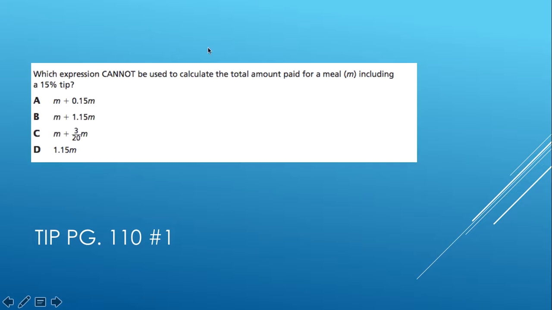So it's the total meal, okay, because normally when you're writing, you would have a 1 here. So if we added those together up here at the top, it would be 1.15 M, because we have 1 here and 0.15 here. So this one would also be it. So the one that did not work was B. Okay, I hope that made sense. I know that last part is a little bit harder to understand.